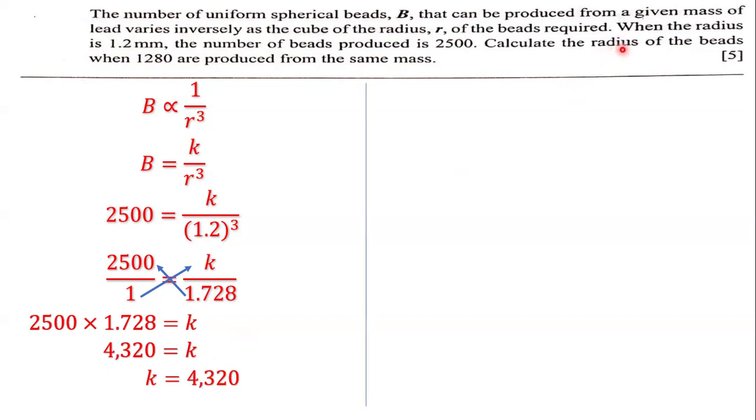Now that we know what K is, let's calculate the radius of the beads when 1,280 are produced from the same mass.